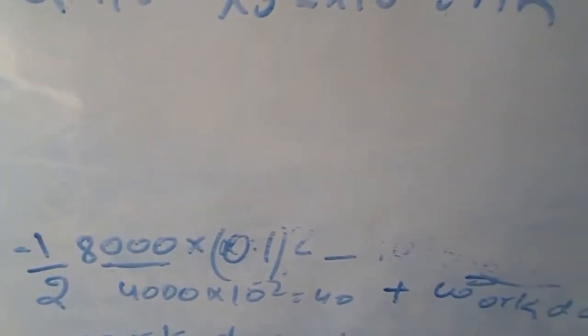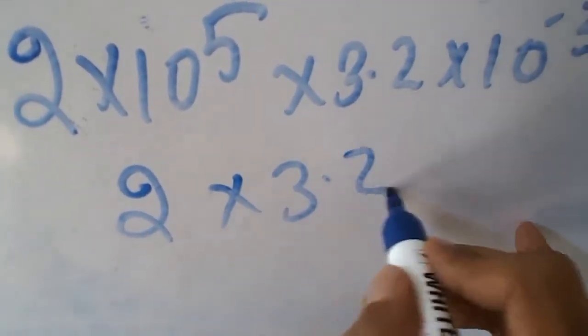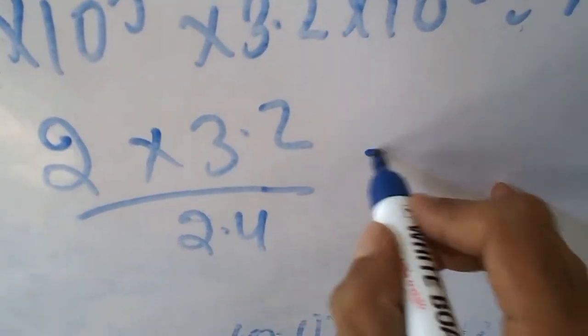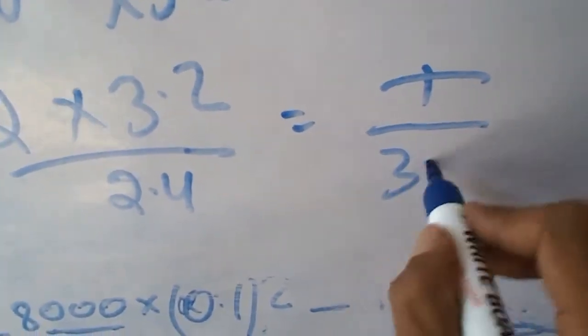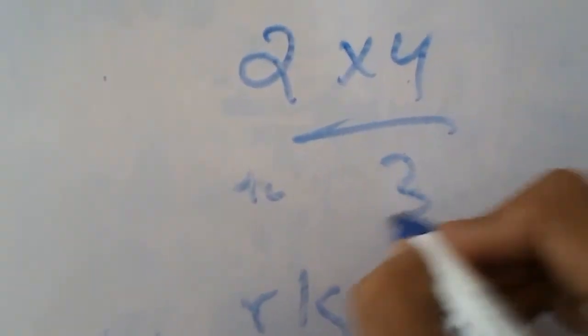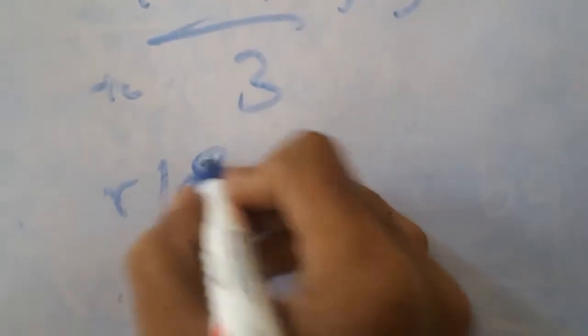If I divide it, what I get is 2 into 3.2 divided by 2.4 is equal to T divided by 300. So if you look at this very carefully, this is 4 by 3 into 300, and this becomes 800.